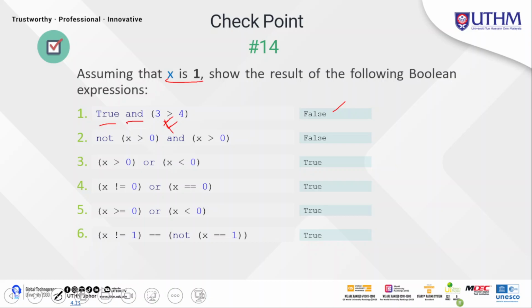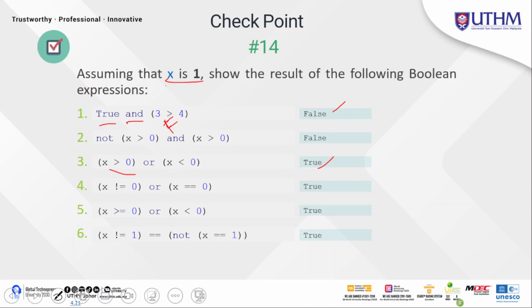Not x greater than 0 and x greater than 0, it's false again. Number 3, x greater than 0 or x less than 0, either one is true. What is the x value here? X is 1. Is 1 greater than 0? Yes. Is 1 less than 0? No.